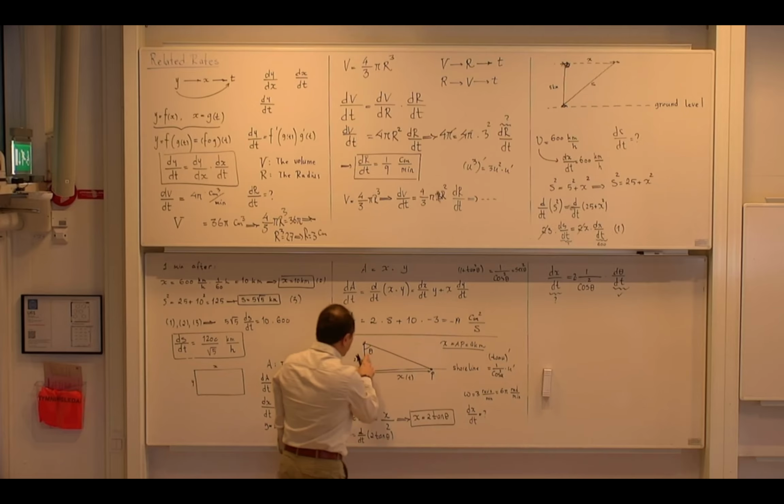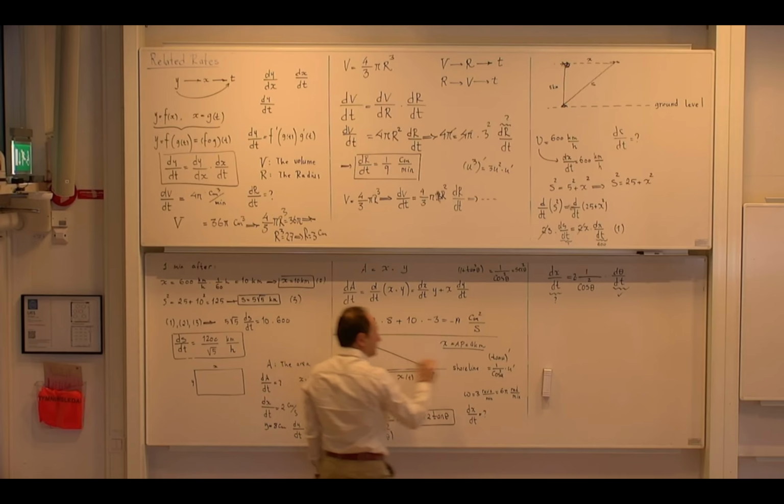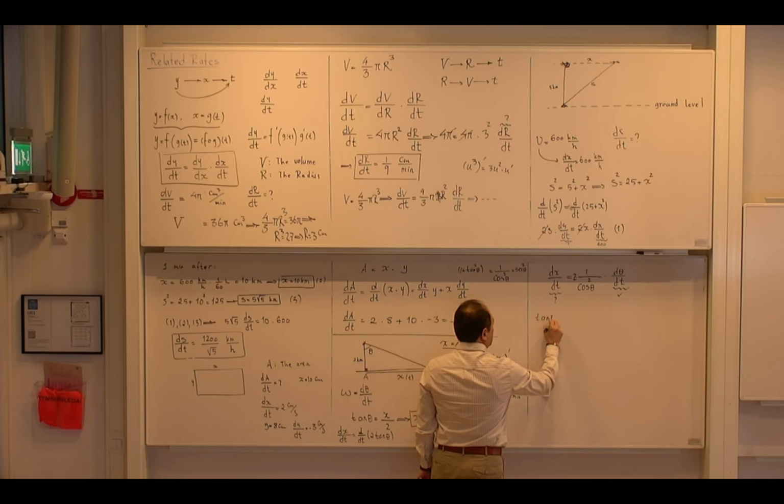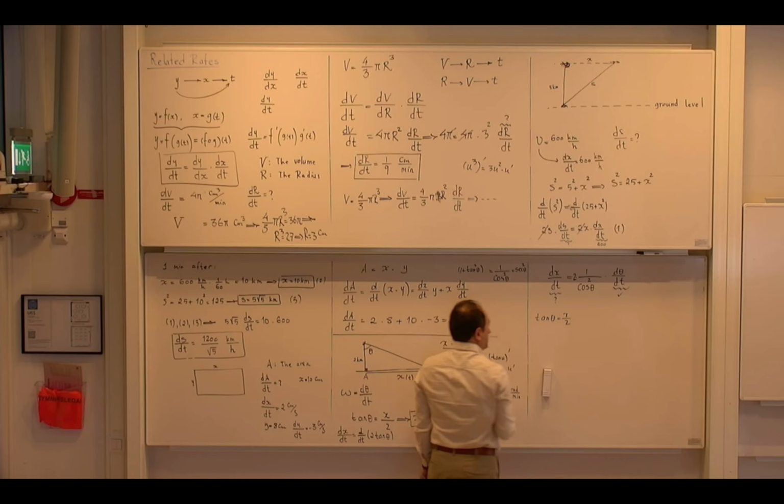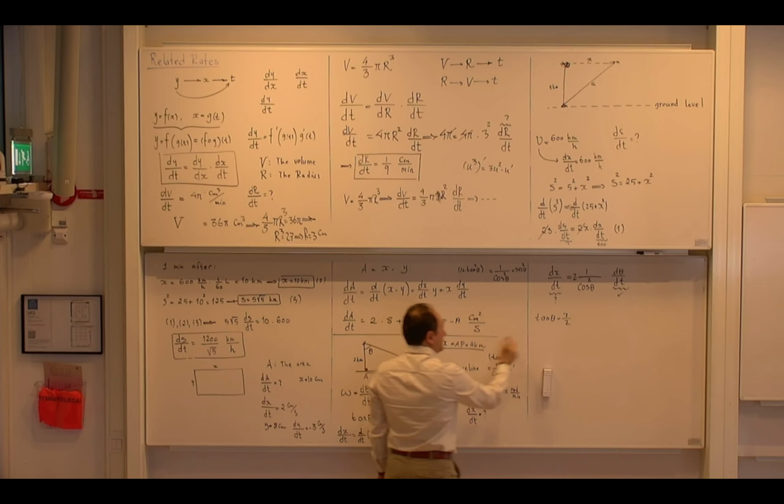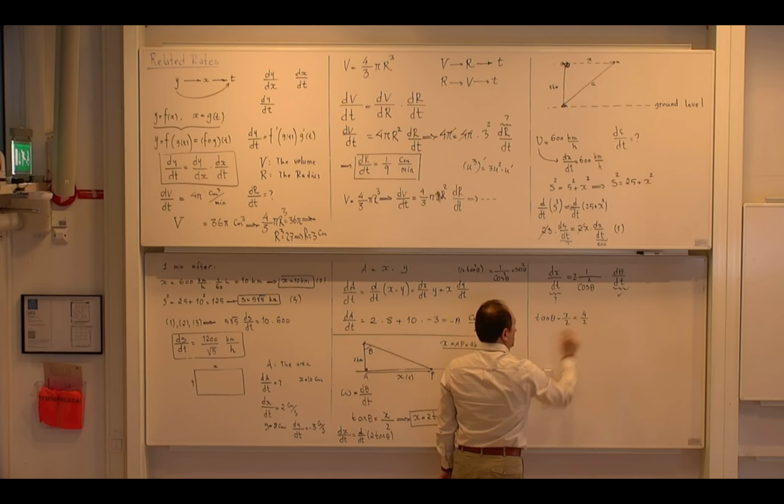At that moment, tangent of theta is x over 2. In this problem x is 4, so 4 over 2 becomes 2.